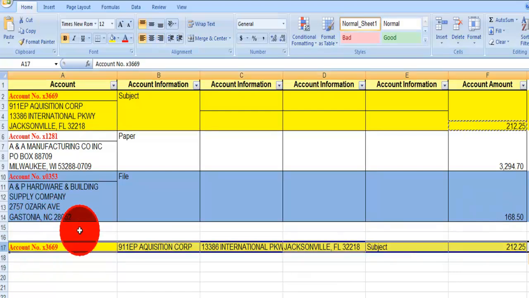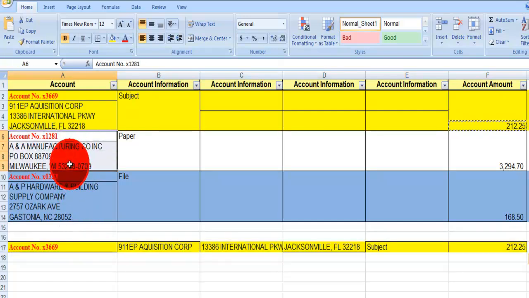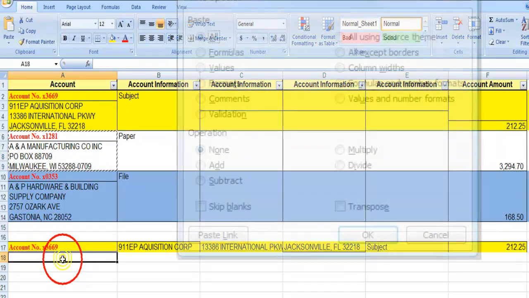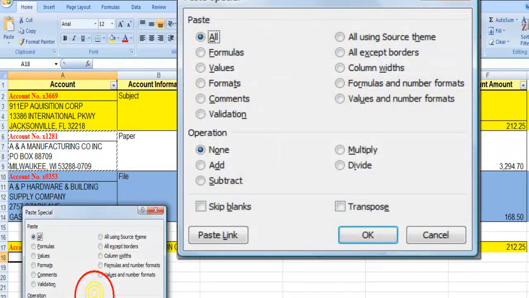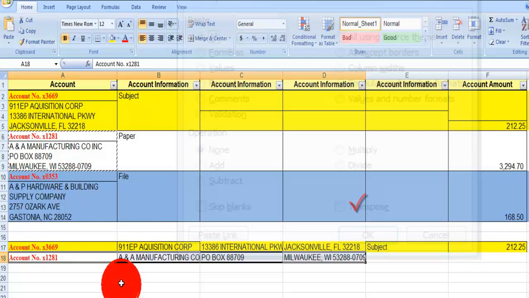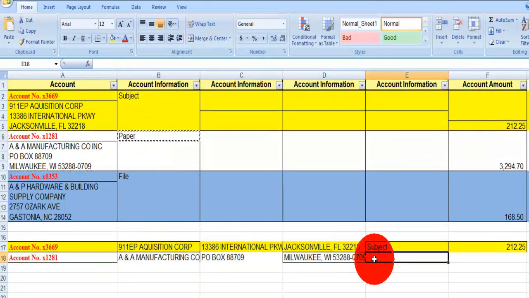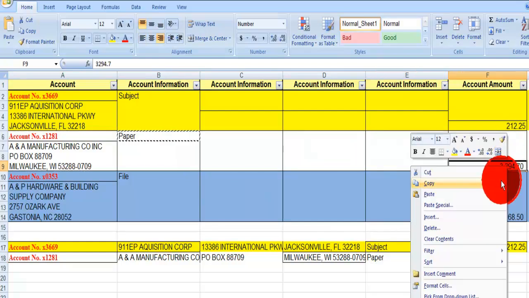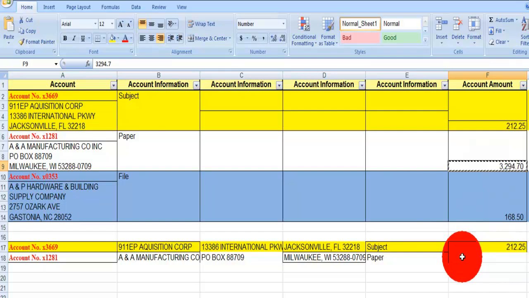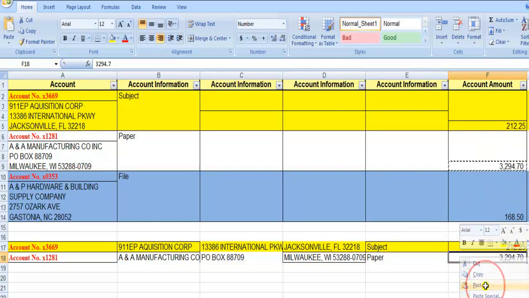I am going to do the same thing for account number 2, which is copy, paste special, and transpose, and I'm going to bring the account information as well as the account amounts down. And now account number 2 is also in a single row, row 18.